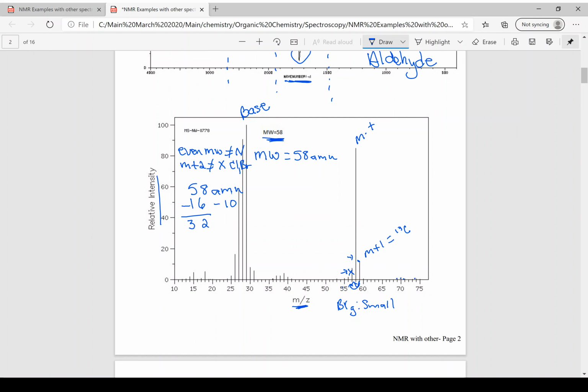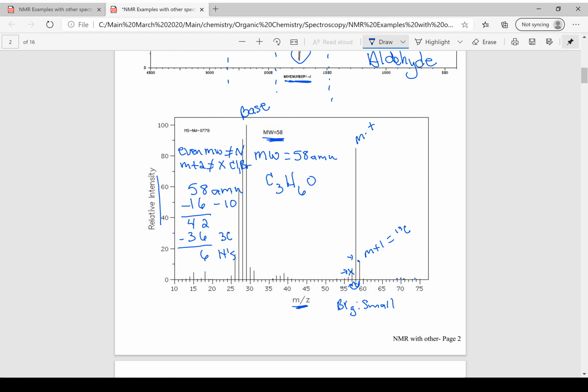Did I do that right? 8 minus 6 is 2, 5 minus 1, of course I didn't do that right, it's a 4. So how many carbons, how many 12s will go in there? That looks like about 3 carbons. So I'm going to subtract 36, and that leaves me the number of hydrogens, 6. So I believe my formula is C3H6O.